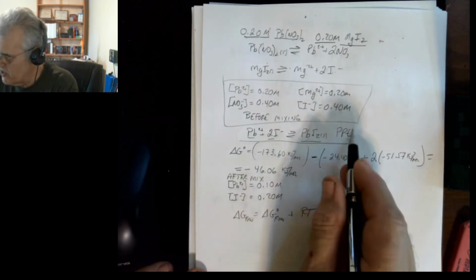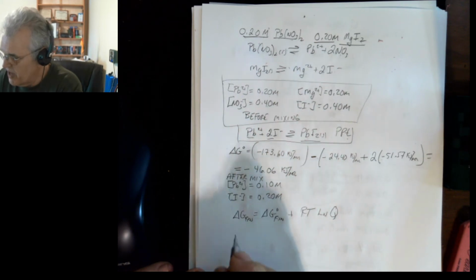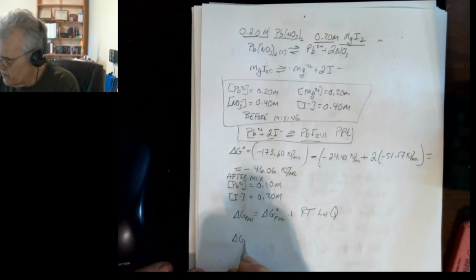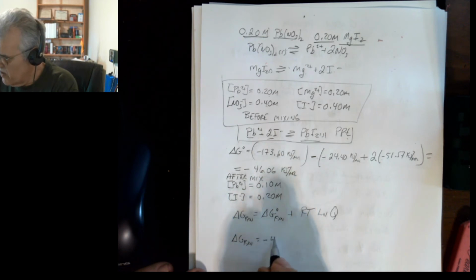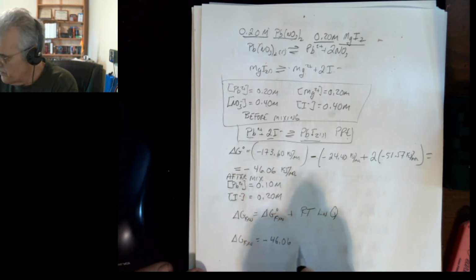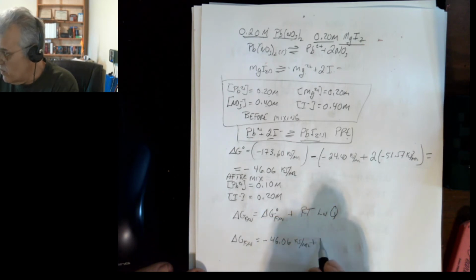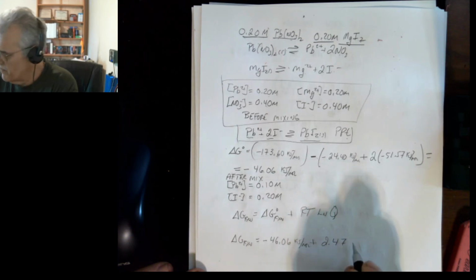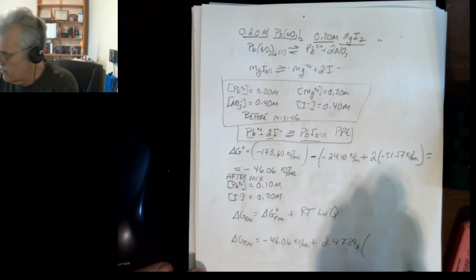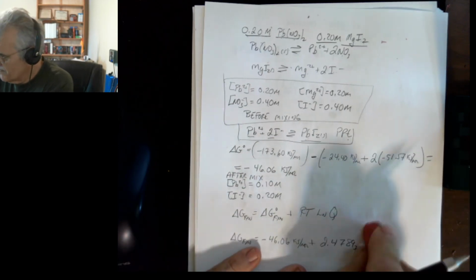That's this, the equation of interest, the one we're working on. So that means delta G of reaction is going to be equal to, we figured it was negative 46.06 kilojoules per mole, plus, what was our RT? We said that was 2.47897 times our, times ln.